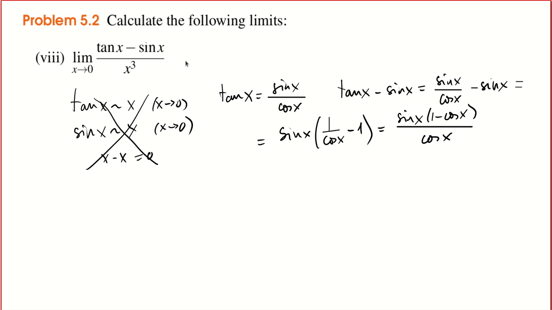So we substitute this here, and then we have the limit when x goes to 0 of the sine of x, 1 minus cosine of x, divided by the cosine of x and x cubed. Okay? Right. We can factor this limit in 3 pieces, right?